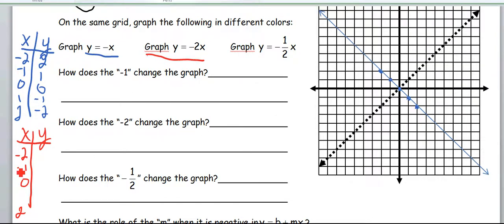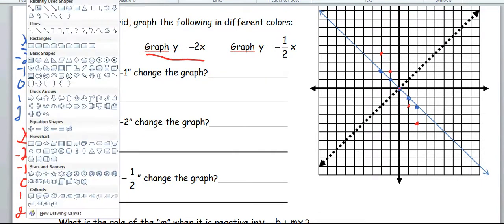Alright. So my values would be 4, 2, 0, -2, and -4. So I'd go to -2, 4, -1, 2, 0, 0, we already have that one there, 1, -2, and 2, -4. So let's go ahead and put in our line.